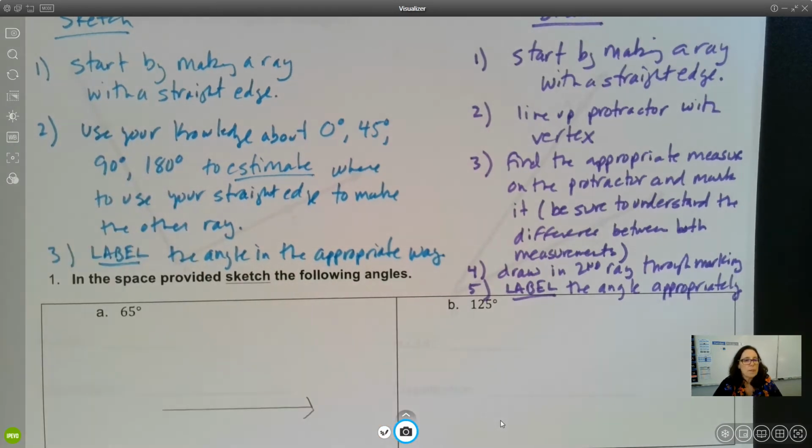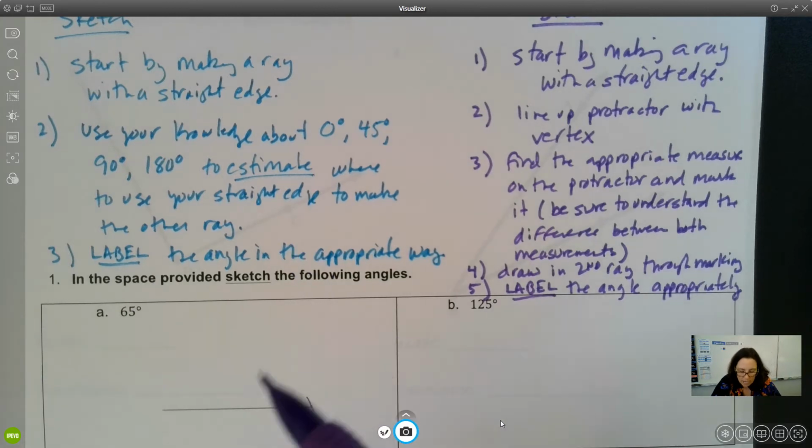Step 2, use your knowledge about 0 degrees, 45 degrees, 90 degrees, and 180 degrees. So everybody should know that 0 degrees would have another ray right on this ray. 45 would be halfway up. 90 is straight up in a right angle.